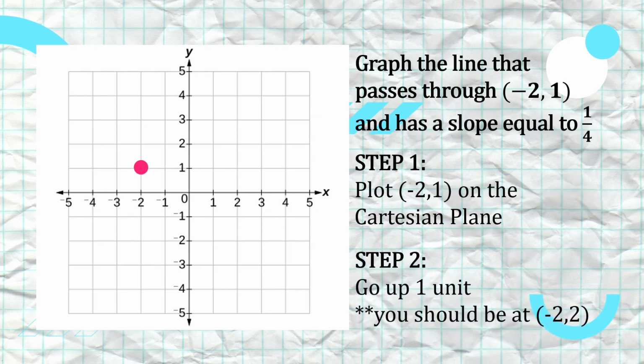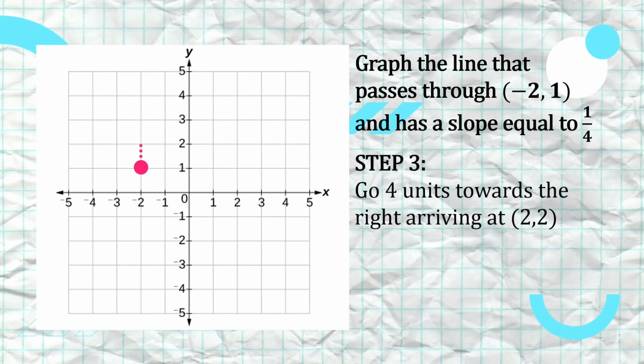For step 2, since the numerator is positive, we go up by 1 unit from -2, 1. Now we are at -2, 2. But we won't stop here because we still have the denominator to tell us where to go next.